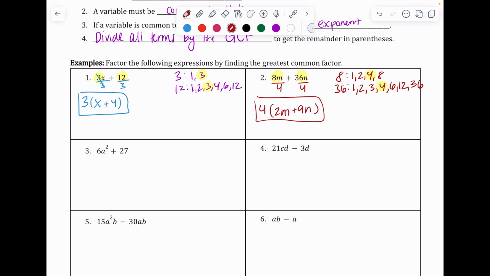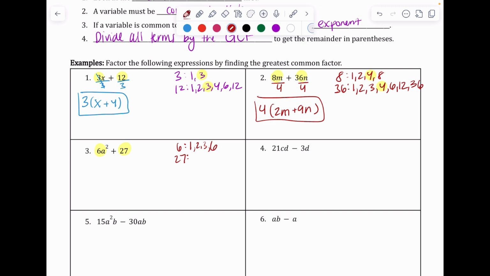What I'm going to do is look at my coefficients, and my coefficients are 6 and 27. I'm going to think about what numbers go into 6, what numbers go into 27. For 6, 1 times 6 is 6, 2 times 3 is 6. Okay, so those are all the possible numbers that go into 6.